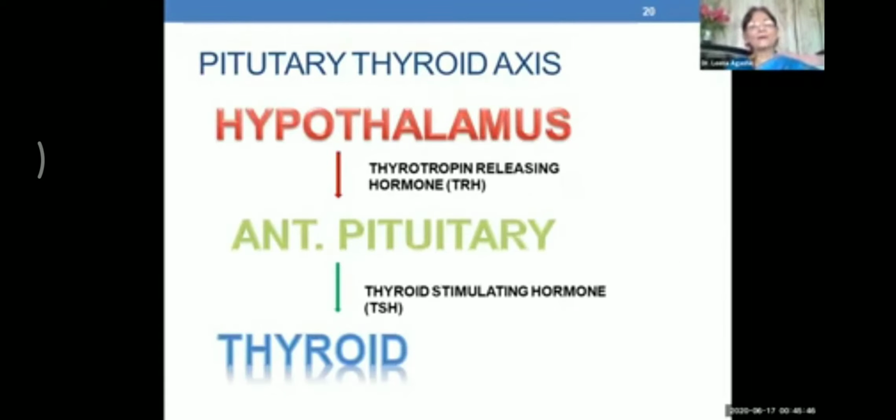With this chart, you can see that hypothalamus, which secretes TRH, that is thyrotropin releasing hormone, in turn acts on the anterior pituitary, and anterior pituitary secretes thyroid stimulating hormone, which stimulates the thyroid follicles to secrete T3 and T4.